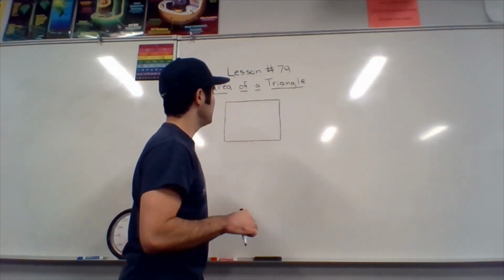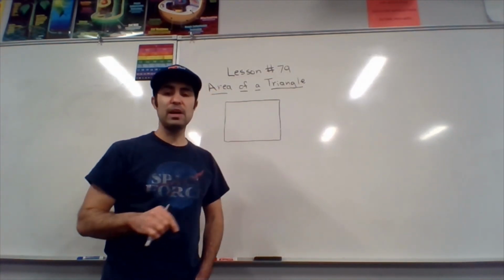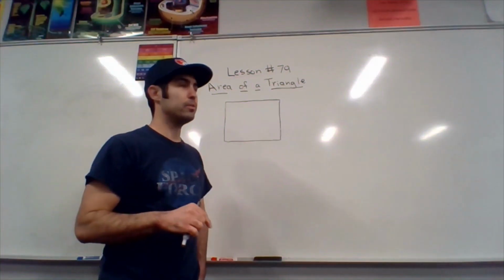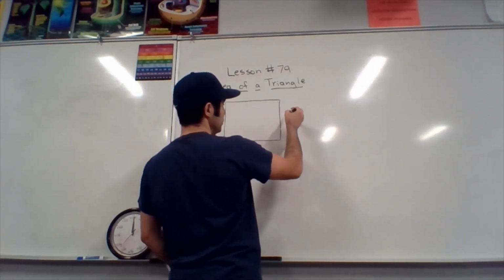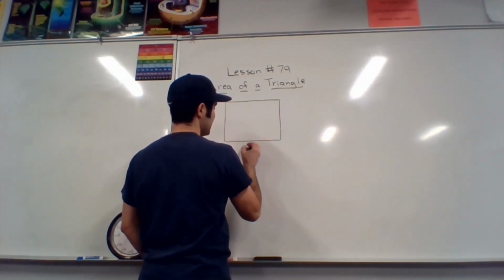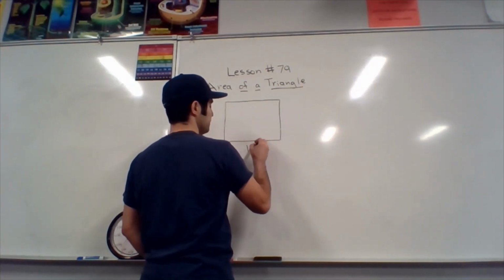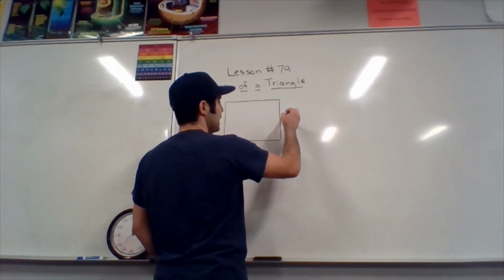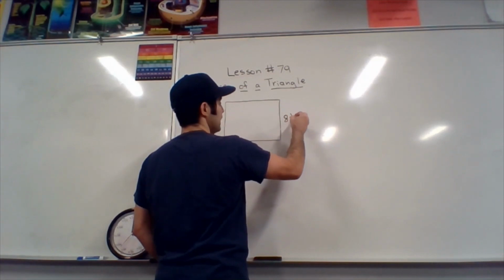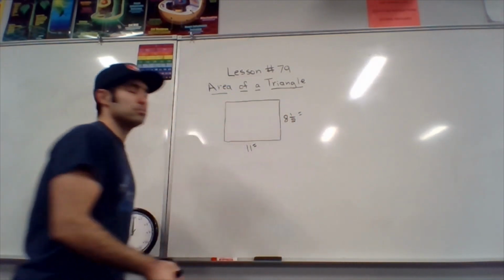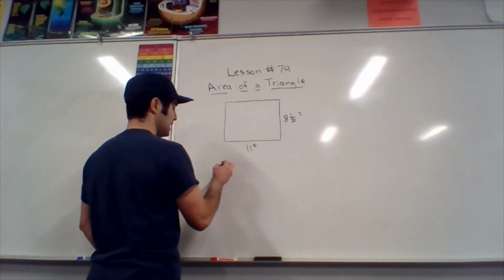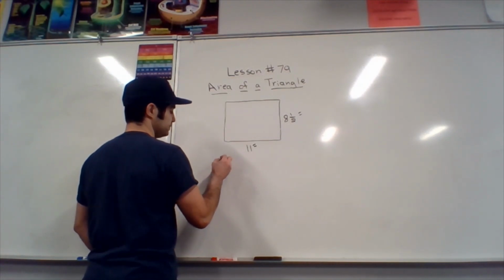So here's my rectangle. How would you find the area of a rectangle? Well, you would take the base, which is the bottom here, that's 11 inches, times the height, which is 8 1/2. So, find the area of that. You take 8 1/2 times 11.